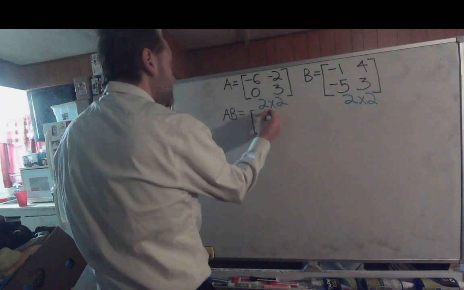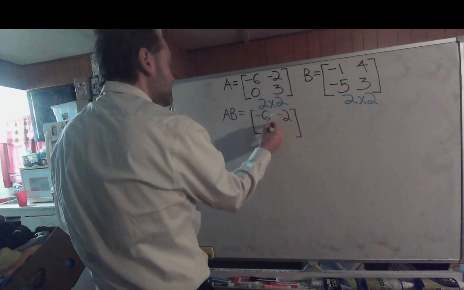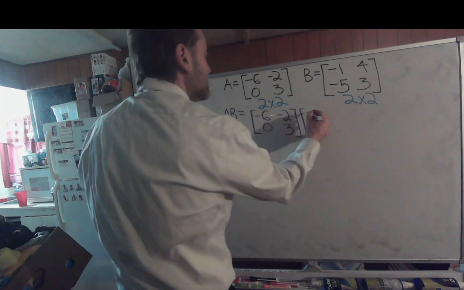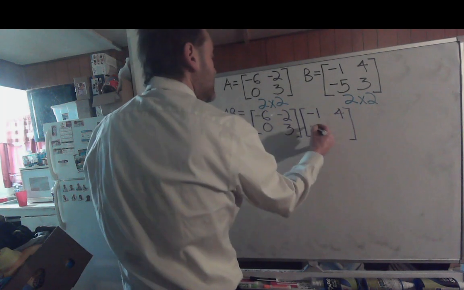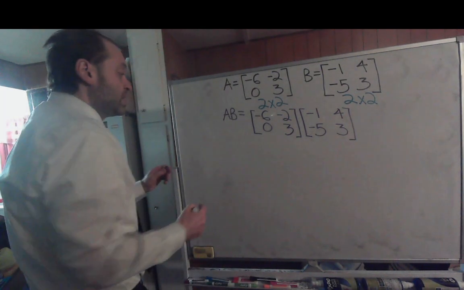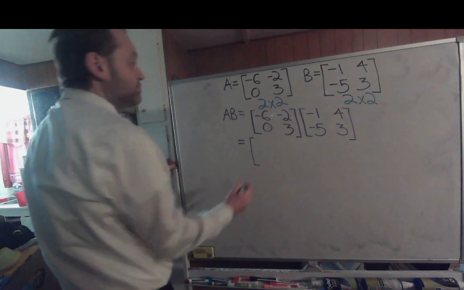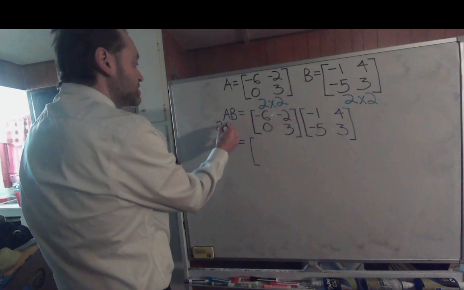AB would be -6, -2, 0, 3, times the matrix -1, 4, -5, 3. Okay. So again, when doing matrix multiplication, we should also get a 2 by 2 matrix for AB.